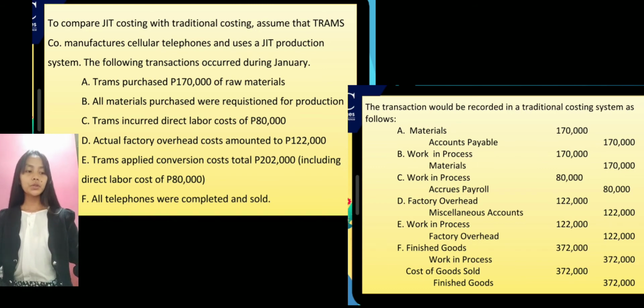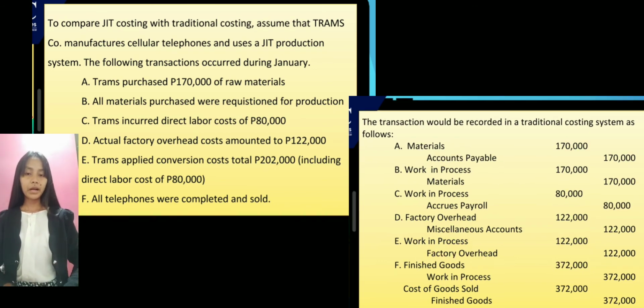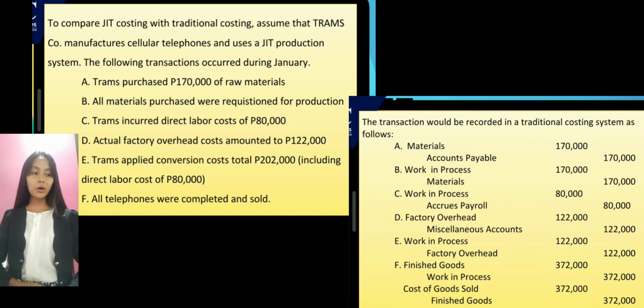We are going to debit finished goods of 372,000 since natapos na nga po yung paggawa ng telepono natin at nakumpleto na nga po yung mga products po na ibebenta. And then, i-credit natin yung work in process of 372,000 kasi wala na pong trabaho at wala na pong tatrabahuin yung mga employees kasi natapos na yung paggawa ng telephones.